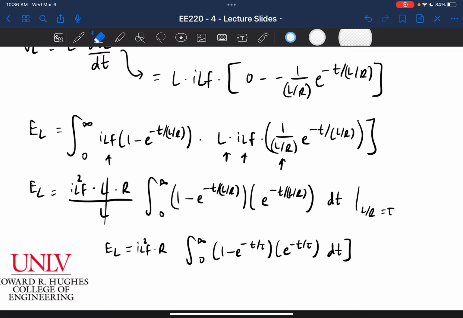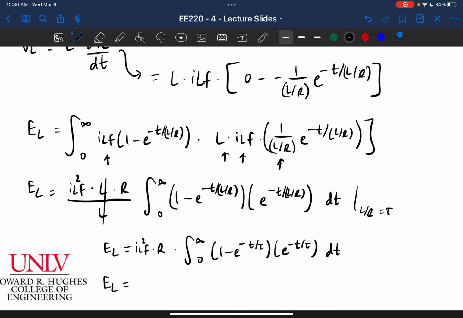They're kind of making it a little cluttered. You can just write it like this. And then let me just distribute here, or expand this out to where I have 0 to infinity, e to the minus t over tau minus e to the minus 2t over tau dt. All right, and so this is what I'm left with.